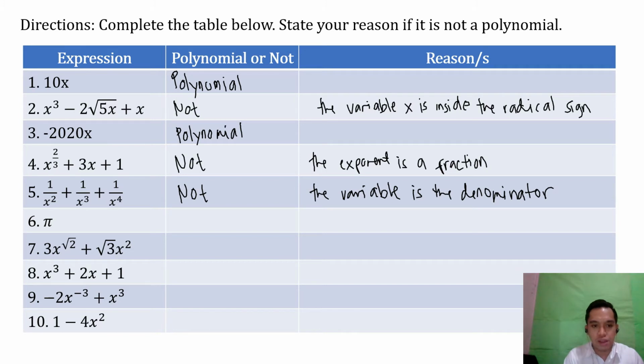So, dapat yung variable natin ay nasa taas, hindi siya nasa baba. Pag yung variable mo ay denominator, nasa baba, hindi siya polynomial.